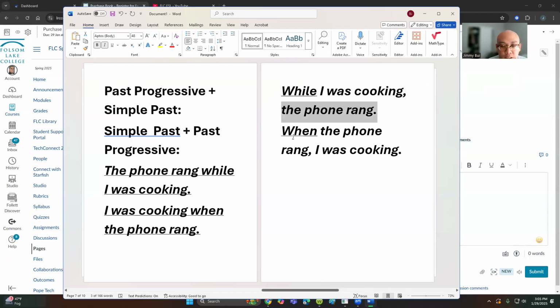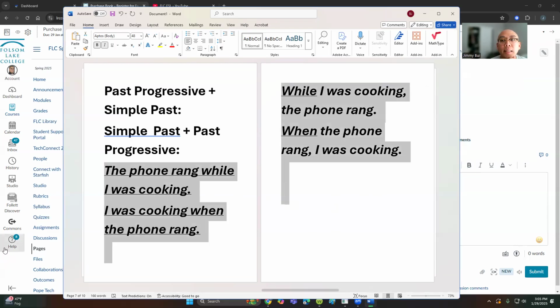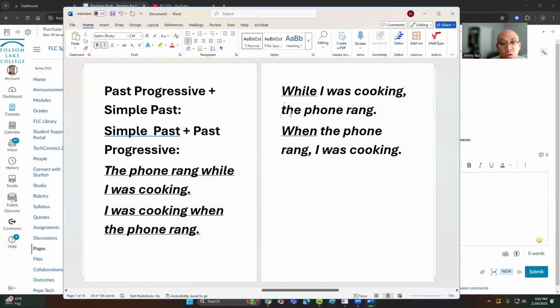One is going to be essentially a dependent and independent clause. Putting the two together, you can do it this way. These 4 statements now all have identical meanings, okay? So the simple past combined with the past progressive, one short action interrupting an action that is continuing in the past tense.